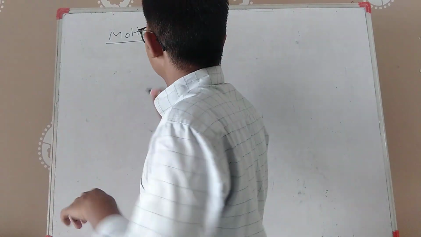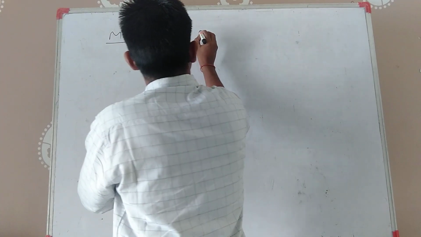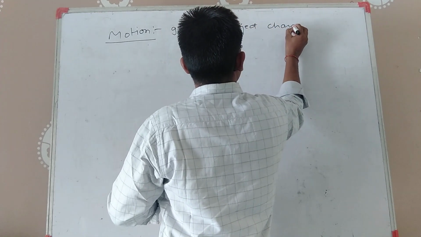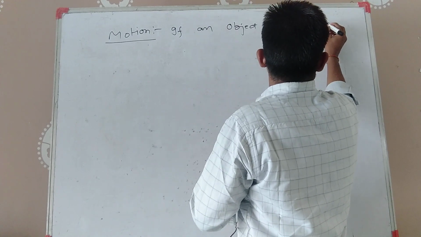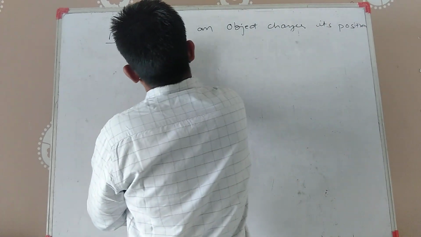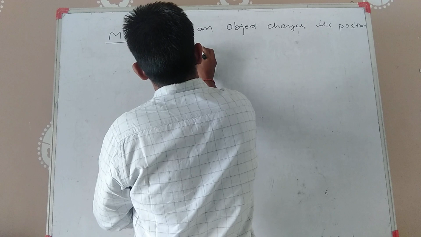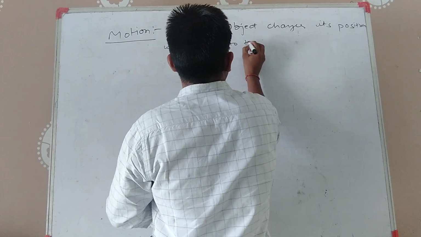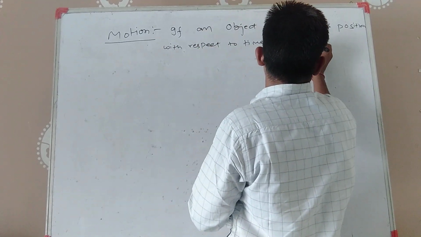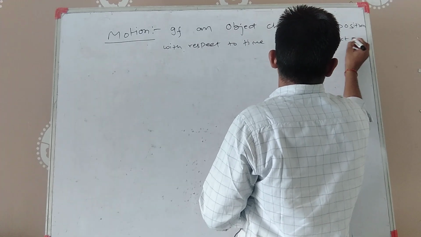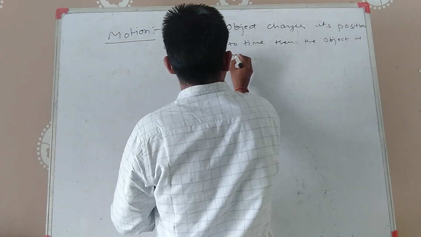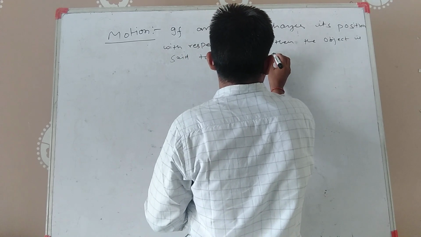And the types of motion are: if an object changes its position with respect to time, then the object is said to perform a motion.